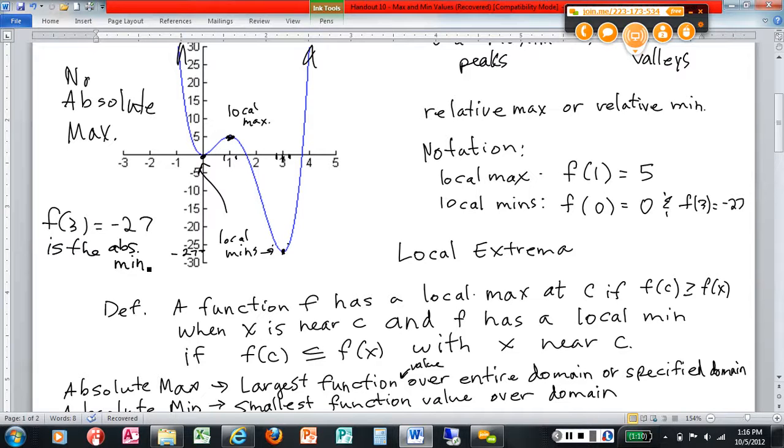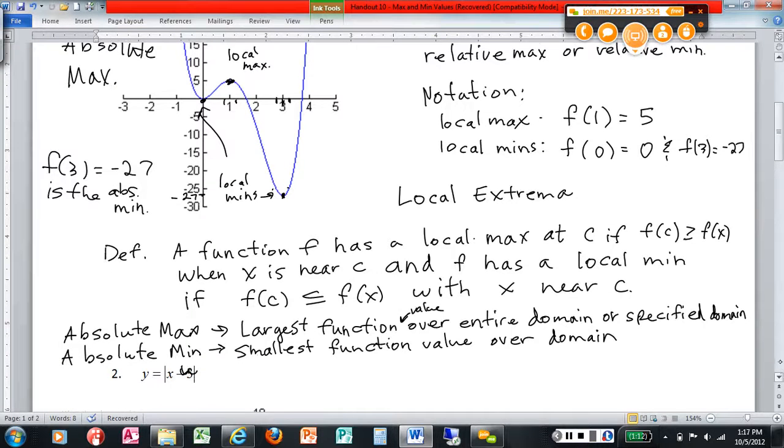That's the lowest function value that any of these values has. With me? There's not a function value below negative 27, so it's the absolute minimum. Okay. Just thought I'd mention that.